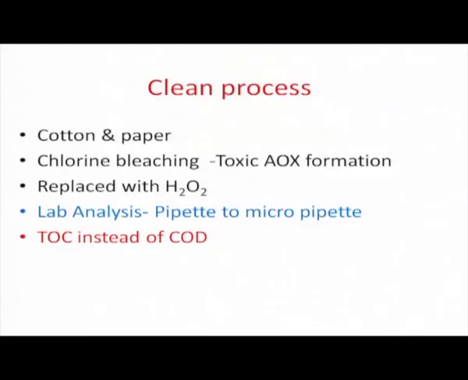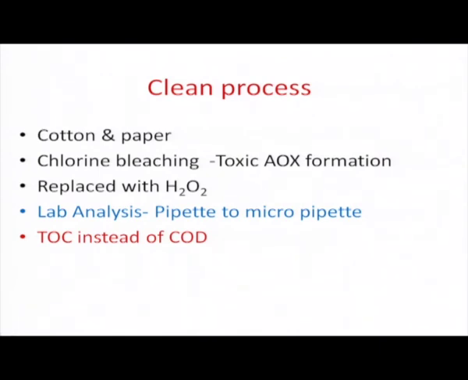Even in laboratory analysis we use pipettes and burettes, normally very high volume, like a 50 ml burette. Nowadays micro pipettes and micro burettes have come, at least 10 times smaller versions, because that will minimize the waste generated from the laboratory.